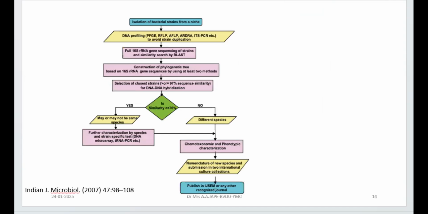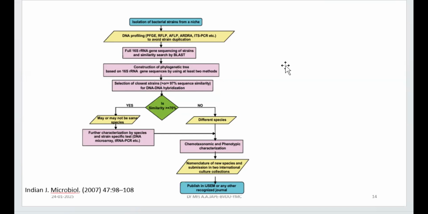Now, next concept in the process. Let's summarize the steps when we are talking about taxonomic studies of an isolate. Whenever you have a bacterial isolate from some natural sample, natural niche, you are going to go with DNA profiling, out of which, as I said, you might have one or multiple methods explored simultaneously.